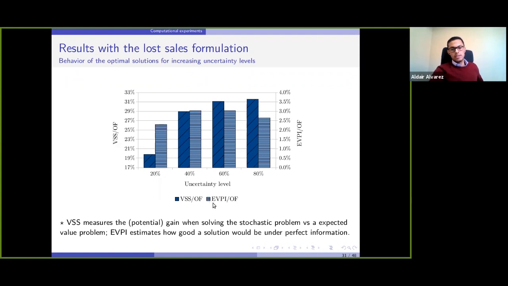On the other hand, the expected value of perfect information is always below around 3% on average for the uncertainty levels that we tried here. So even if you knew the perfect information, you would not gain a lot. This shows the robustness of the solutions. And I'm not talking about robustness in the sense of robust optimization, but in terms of good solutions provided by the model.